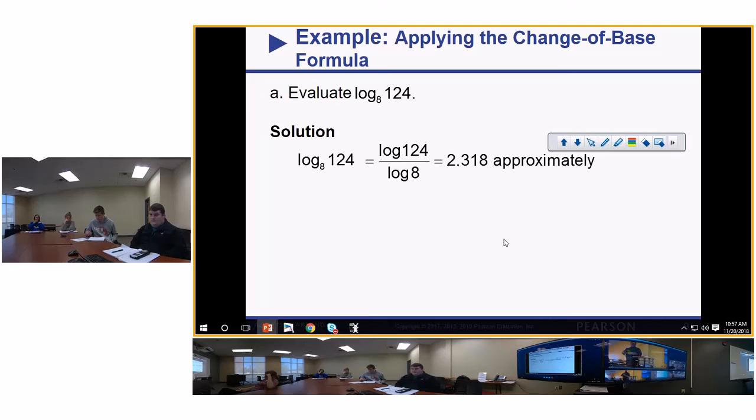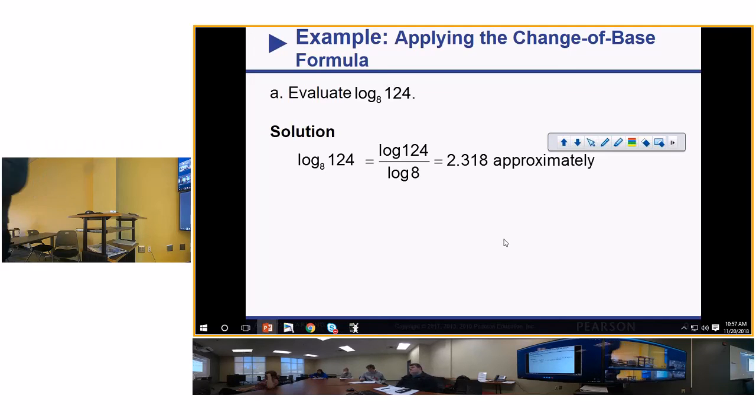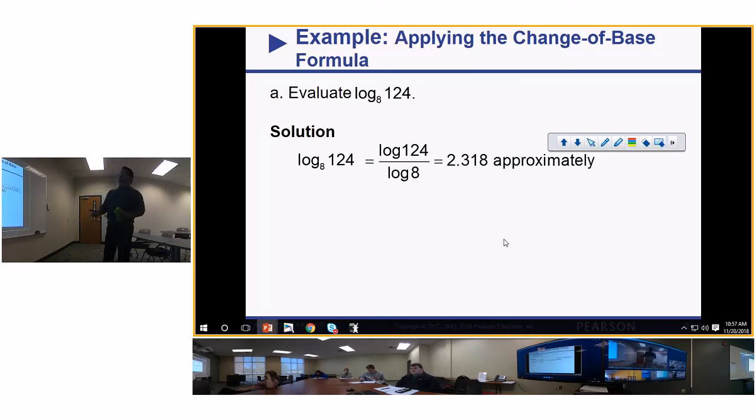Should be 2.3-ish. And I want you to take the natural log of 124 over the natural log of 8. And you'll see that it gives you the same answer. Did you get it? 2.3-ish? Yes, sir. Questions so far?